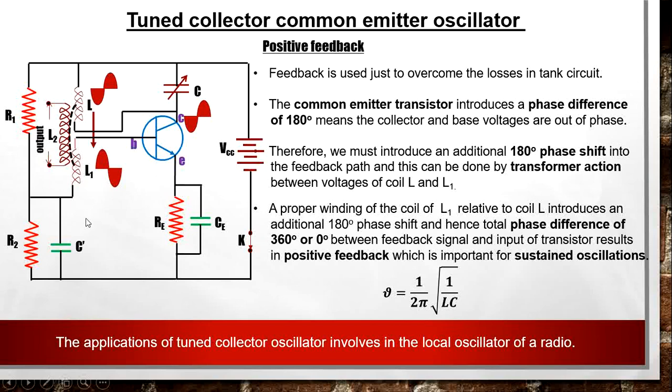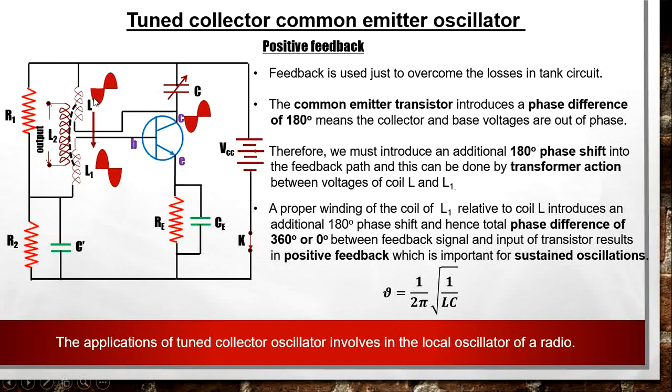So the winding of coil L1 with respect to coil L will be made in such a way that during mutual induction there is a 180 degree phase difference between the signals. So we have a 180 degree phase difference from base to collector and a 180 degree phase difference from coil L to L1.